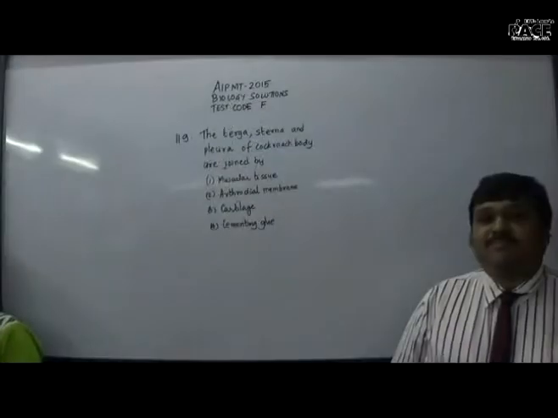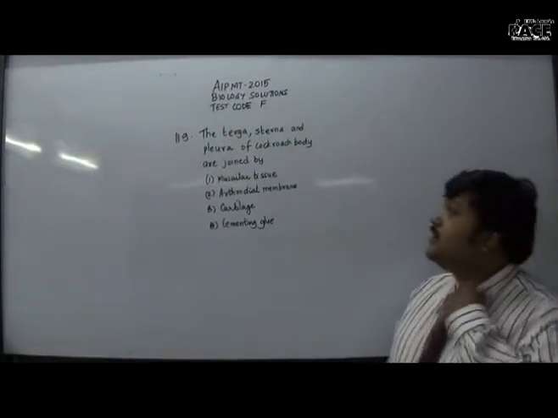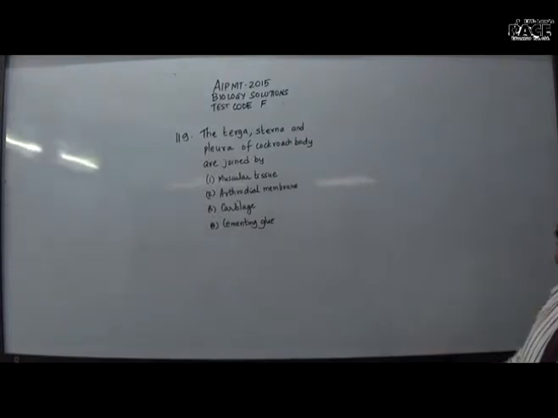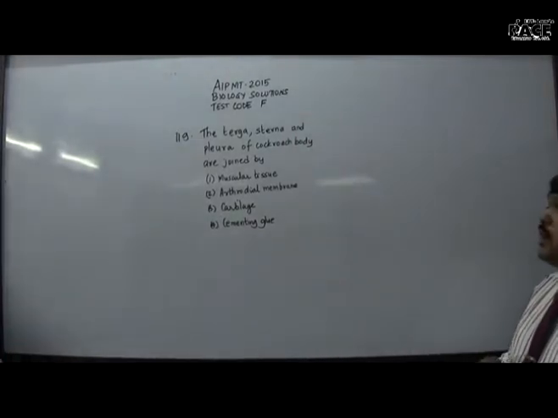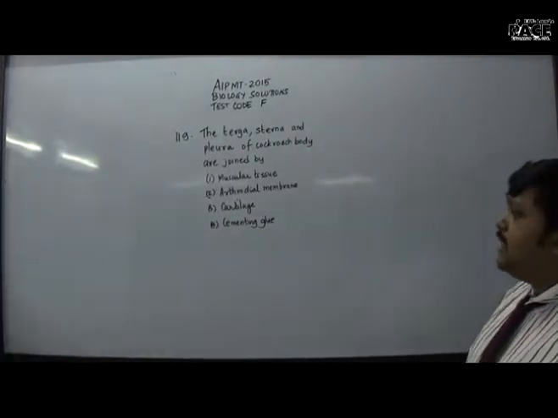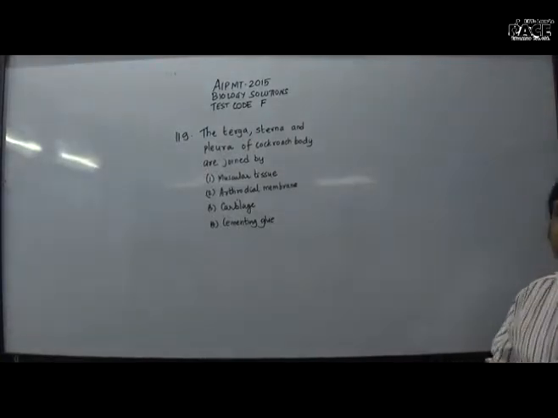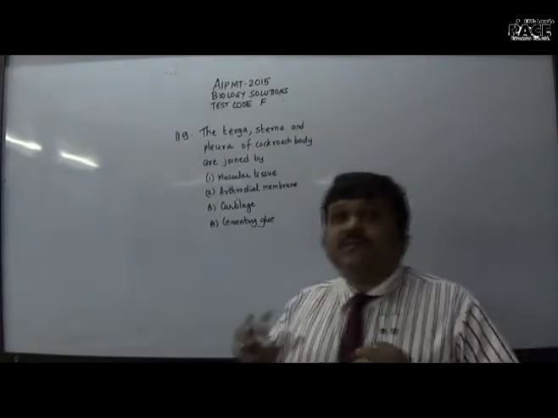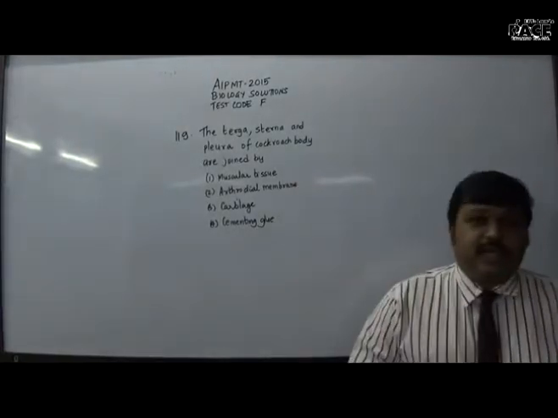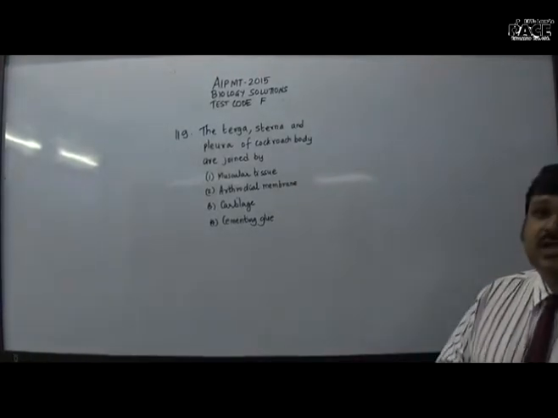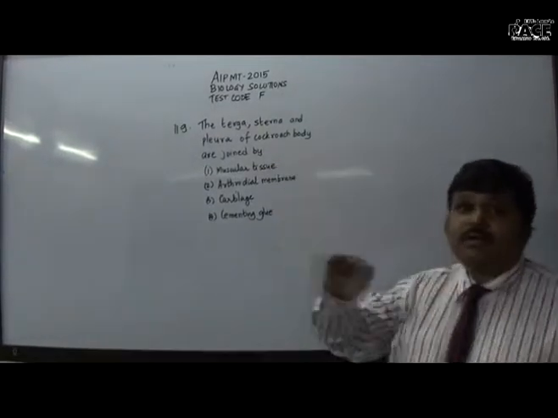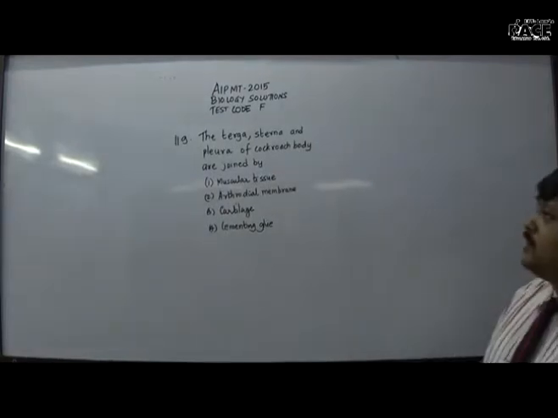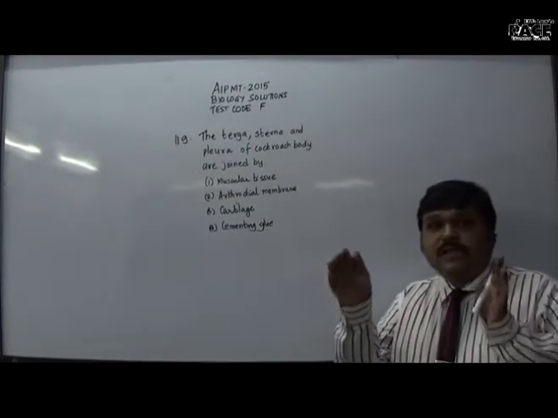Then question number 119, the terga, sterna and pleura of cockroach body are joined by muscular tissue, arthrodial membrane, cartilage and cementing glue. The entire cockroach body is surrounded by plates of cartilage, and these plates are called terga on the dorsal surface, sterna on the ventral surface, pleura on the lateral surface.